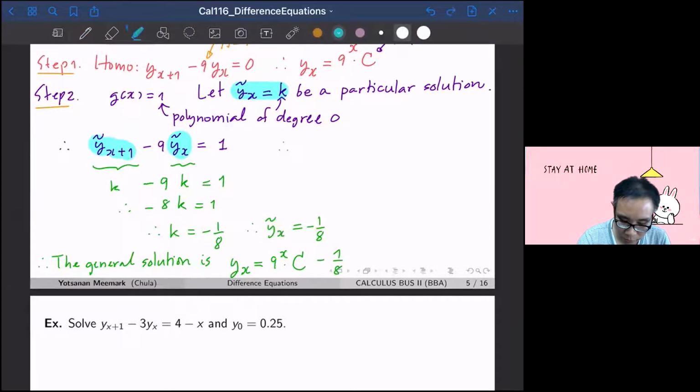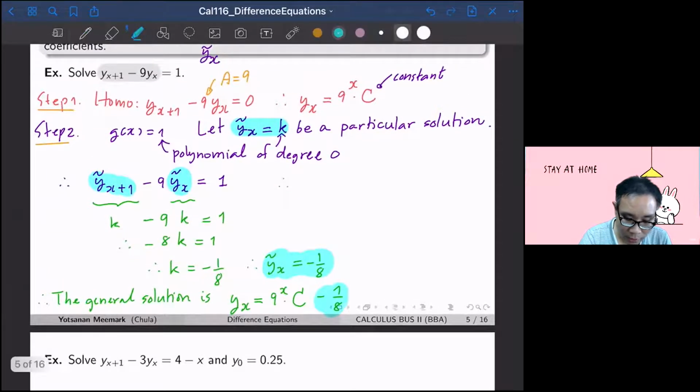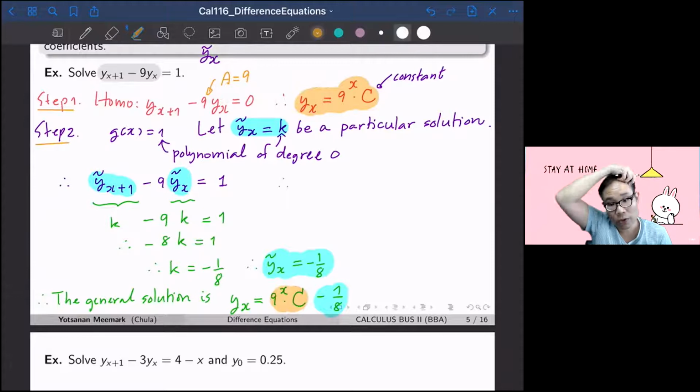Sorry, it's gonna be the blue guy. So you have this guy here, and you have the homogeneous part. The homogeneous part turned out to be here. You're gonna add these two together, and this one will give you the thing called the general solution.